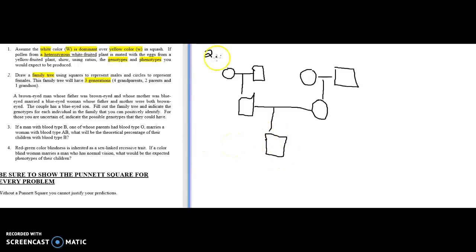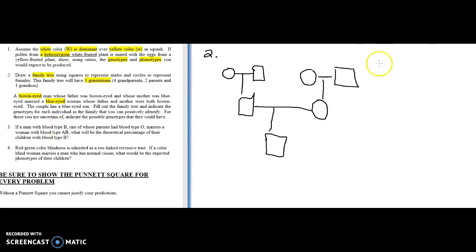Alright, so what we're looking at here is you have brown eyes and we have blue eyes. Now, brown eyes are dominant to blue eyes. Dark eyes are dominant to light eyes in the human population. Okay, so keep that in mind.